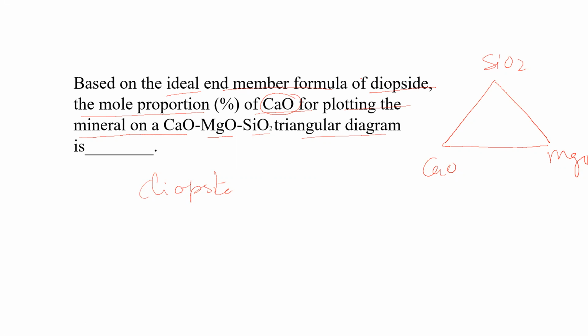No, it's not CaMgCO3. It's CaMgSi2O6. So here, if you see CaMgSi2O6, then you will have to break it into CaO plus MgO plus 2SiO2.